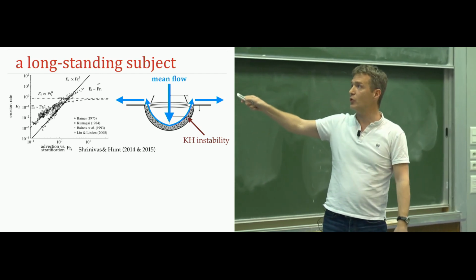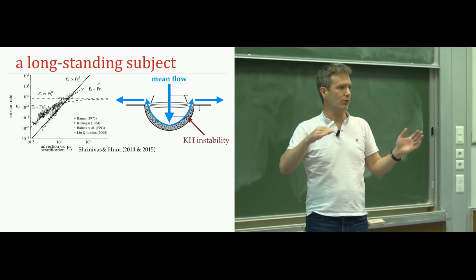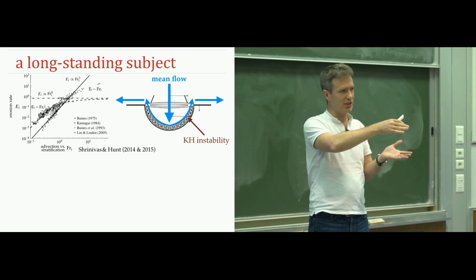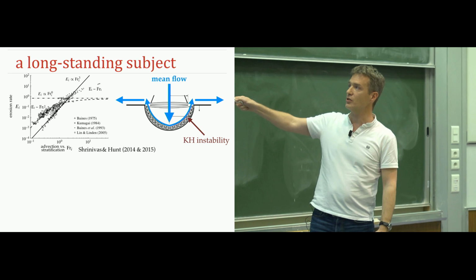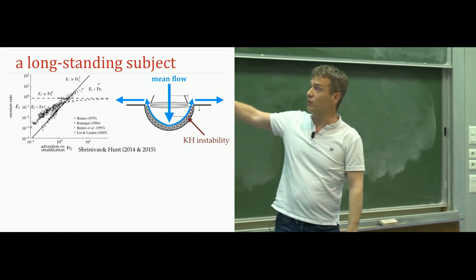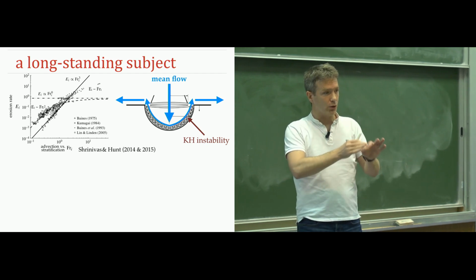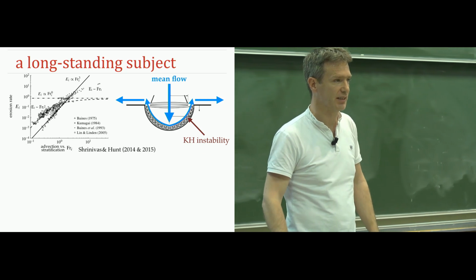So from a mean flow point of view, you have a strong shear along the interface, and a strong shear in fluid mechanics means that you have some instability, a Kelvin-Helmholtz type instability. This instability generates lots of small swirls that induce mixing all along the dome. That's the basic underlying physics here.